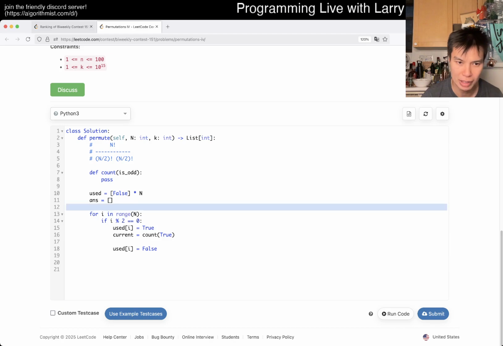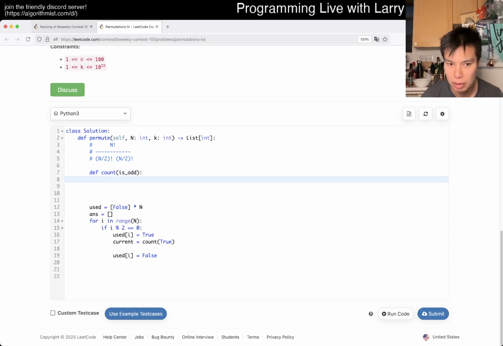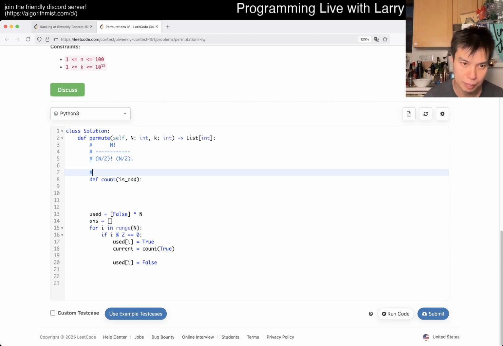I guess we just subtract k, right? So that's fine. Yeah, okay, that makes sense. We just subtract from k directly. Okay, so then now we just have to count. So then now it's odd. So then the first number would be i. So then the next number has to be even. The next number is odd, right? So then we just count the number of odds.